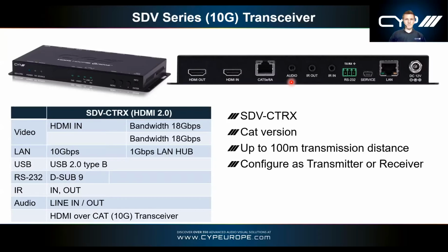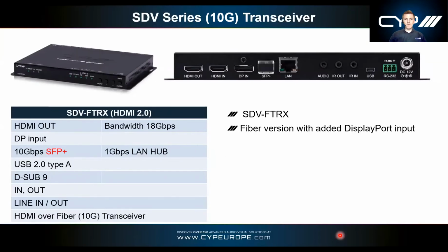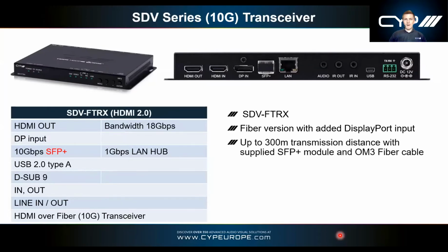Fantastic. Yeah, thanks, Kev. Moving on from there, that's the cat version. And then as you move up, you've got the fiber version. This adds the DisplayPort input as well. Not an output, but a DisplayPort input. On the fiber models, as standard out of the box, these can transmit up to 300 meters using the supplied fiber module, the SFP module, and OM3 fiber cable.